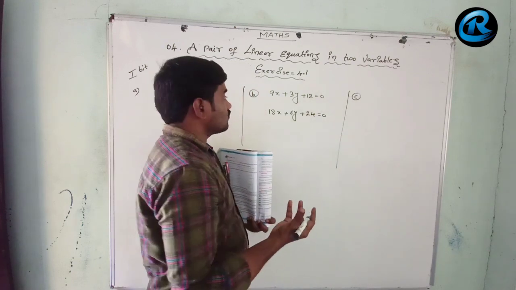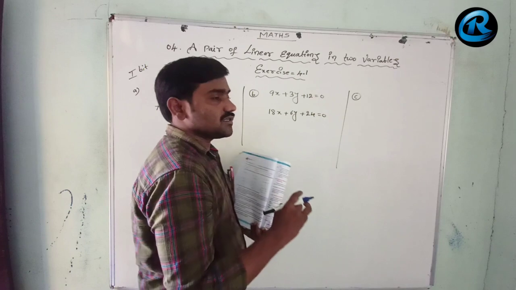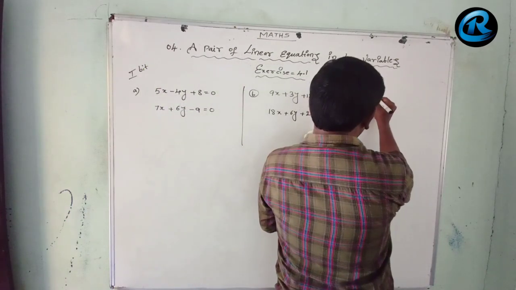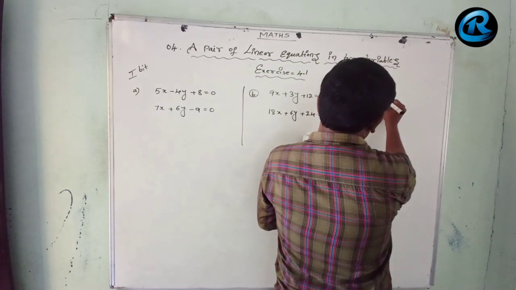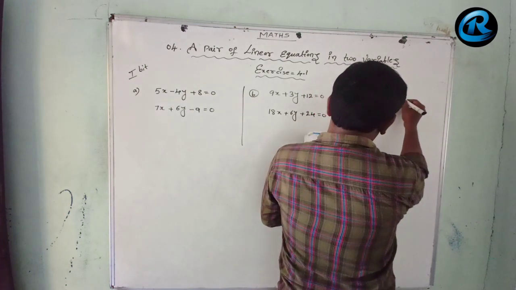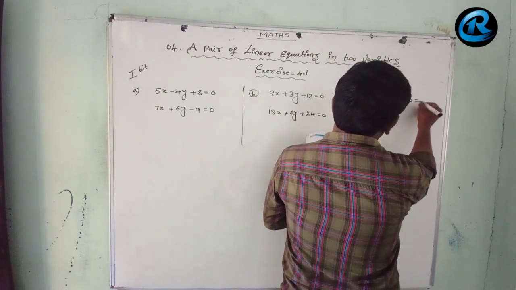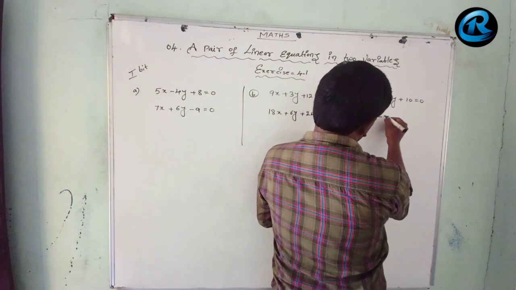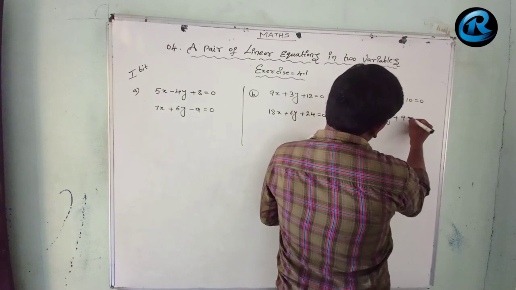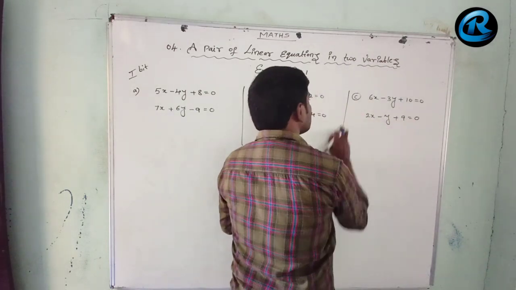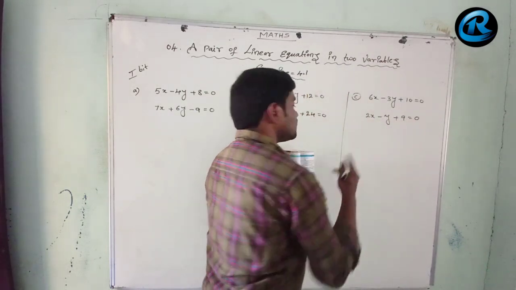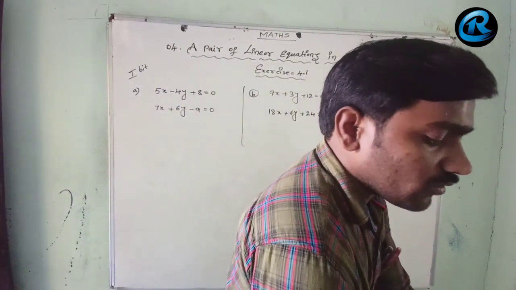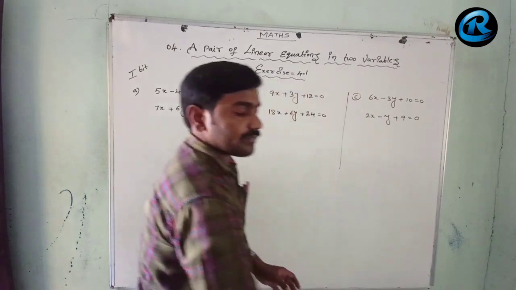If they are intersecting lines, the lines will intersect each other. If they are parallel, the graph will have parallel lines. If they are coincident, one line will lie on the other line. So very carefully we have to listen and see this video without skipping, children. You should not skip because we are going to learn many things in every problem.